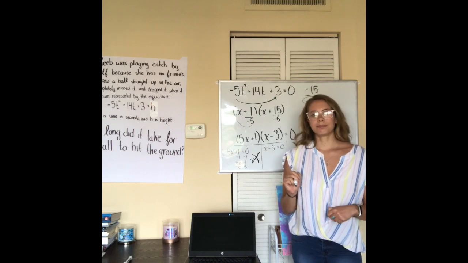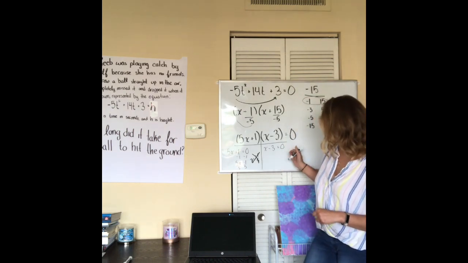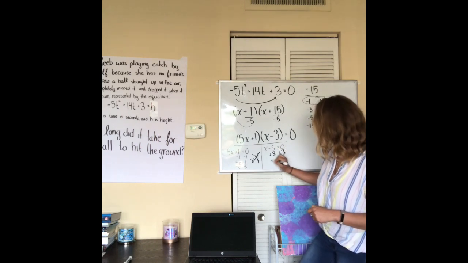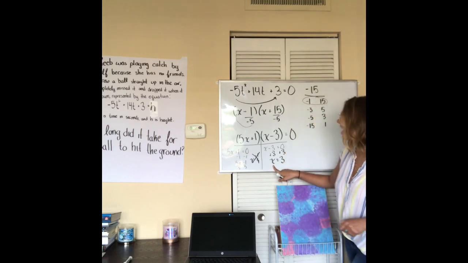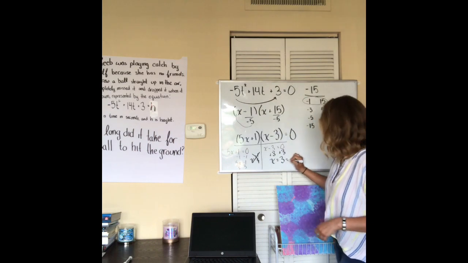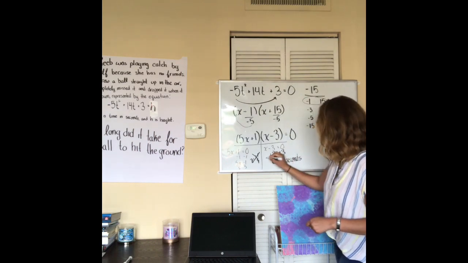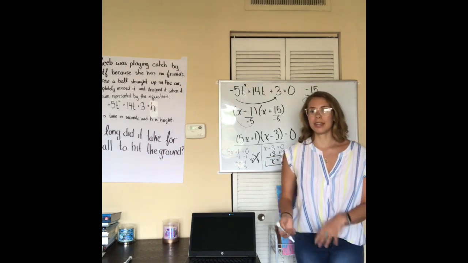So cross that off. On this side, we have x minus 3. In order to get x by itself, I'm going to add 3. I end up with x equals 3. Remember, my x is representative of my t's, which is time in seconds. So it took 3 seconds for the ball to hit the ground.